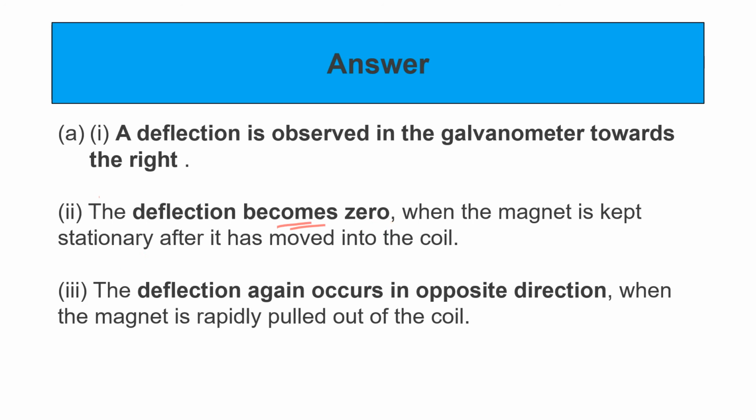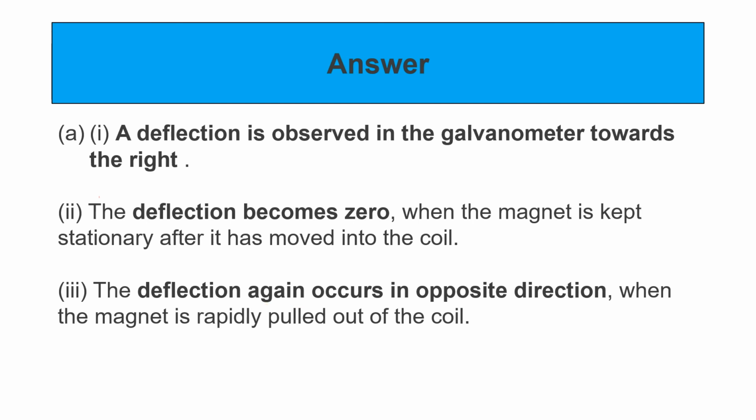In the third part of the question, when the magnet is moved away from the coil, when it is pulled out of the coil, the deflection again occurs but in the opposite direction. This is the answer for part A.